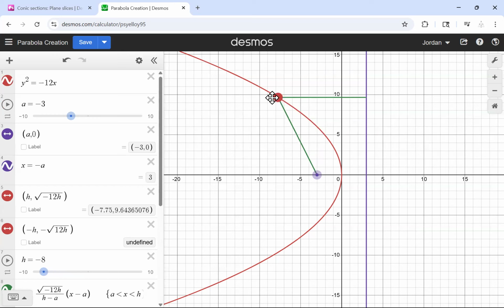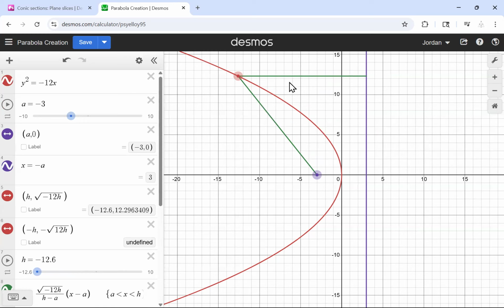But as you move your point on this parabola, if you calculate this distance here and this distance here, they will always be the same.